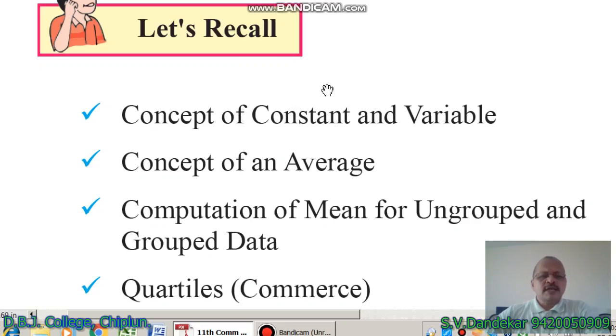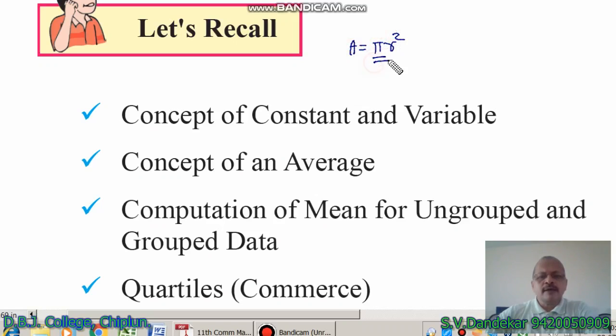Something which never changes under our consideration is called a constant. For example, if I say area of a circle, the formula is A equals pi r square.